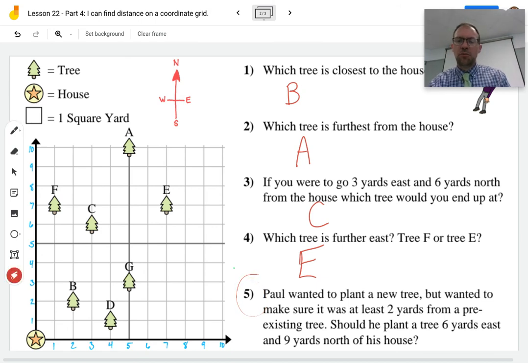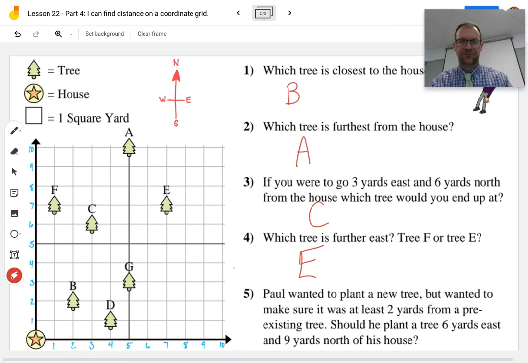Question 5. Paul wanted to plant a new tree, but wanted to make sure it was at least 2 yards from a pre-existing tree. Should he plant a tree 6 yards east and 9 yards north of his house? So is this location of 6 yards east and 9 yards north at least 2 yards from any other tree? Let's find out. If we go 1, 2, 3, 4, 6 yards to the east, right?